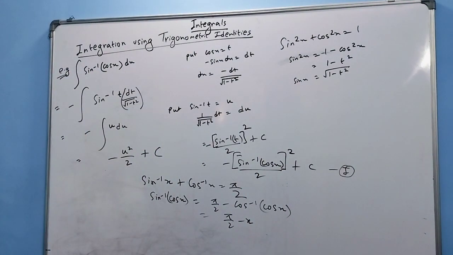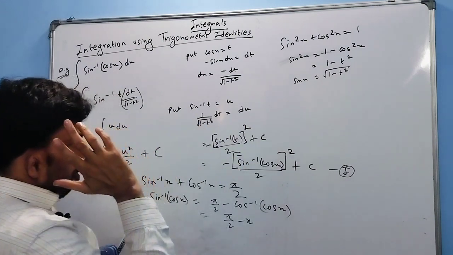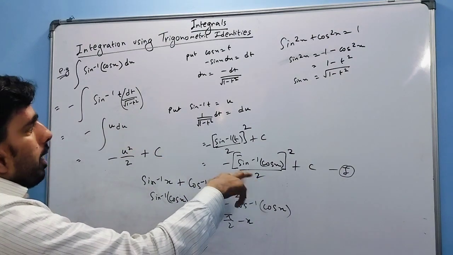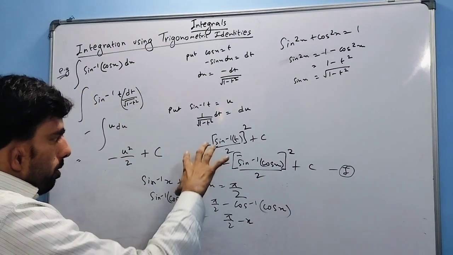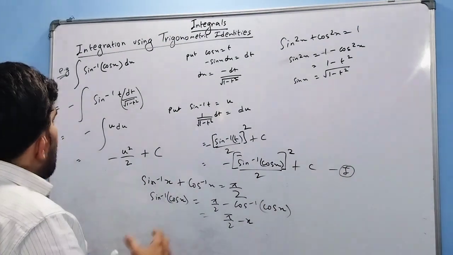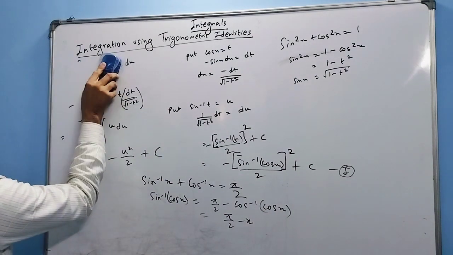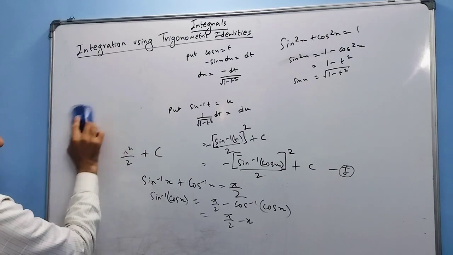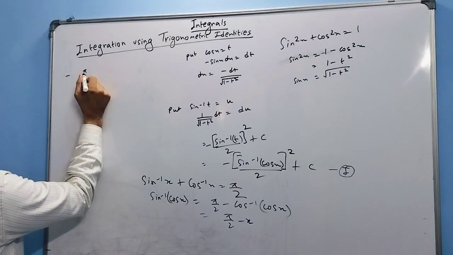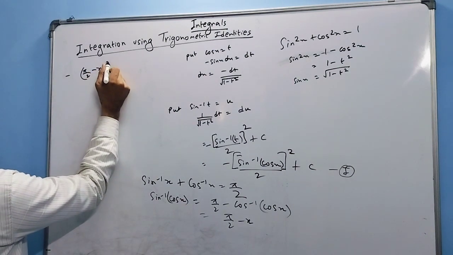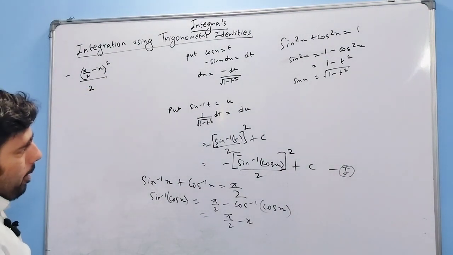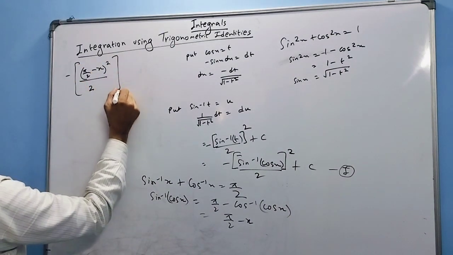We can't leave the question like this, because the same thing is coming here, so we need to further sort it out. Now put this value here. I got pi by 2 minus x whole square upon 2.